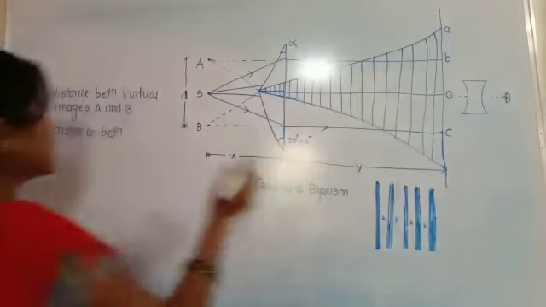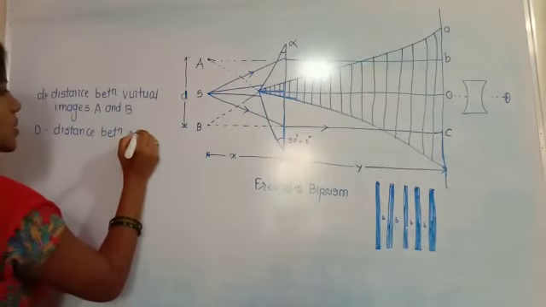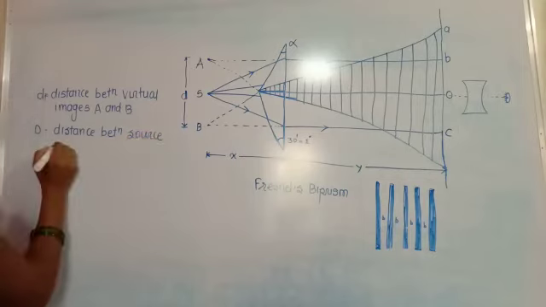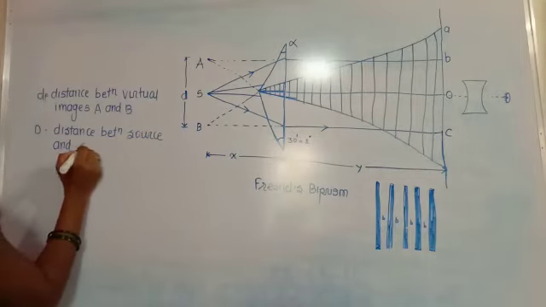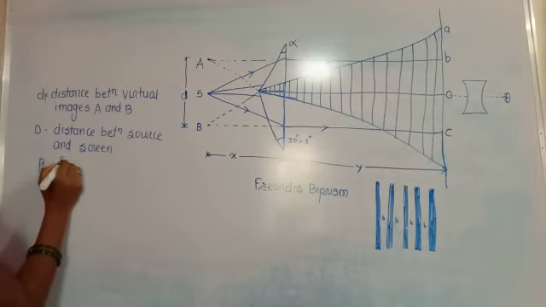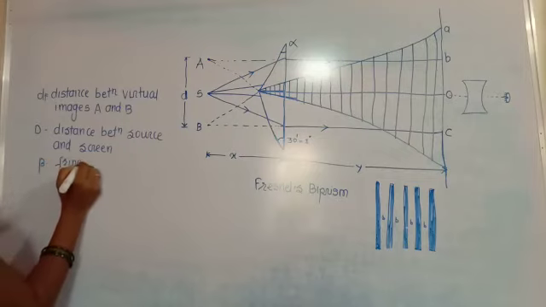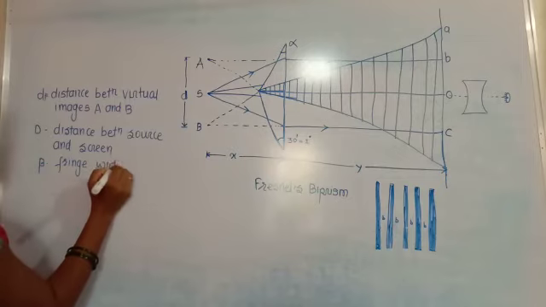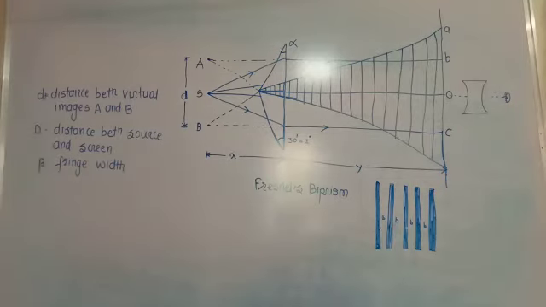This is the capital D, distance between the source and screen, and beta is the fringe width. Okay. So beta is the fringe width.